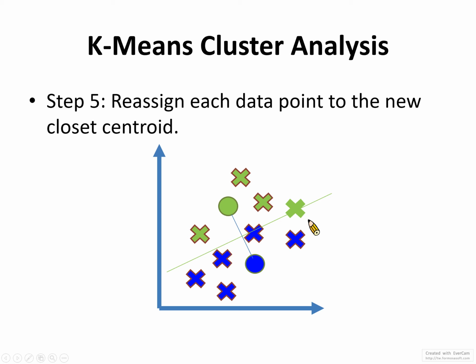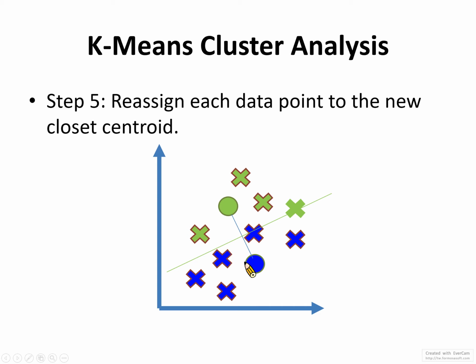So because we have a new assignment of the data points, we need to recalculate the centroid according to these new clusters. So we need to calculate the centroid of these 4 green data points, and also recalculate the centroid of these blue clusters.